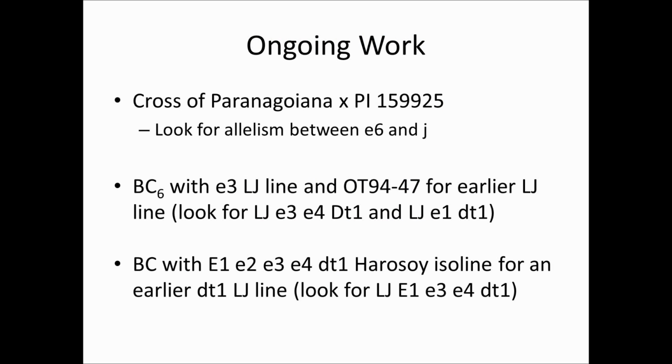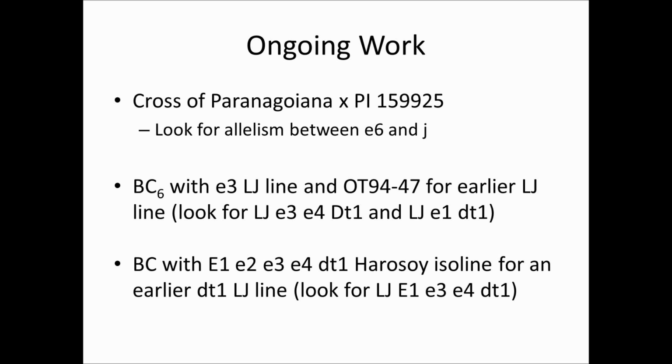This is some of the work that I have ongoing. Currently I have a cross between the E6 and the J lines, and I have an F2 growing right now in the 12-hour photoperiod. I want to look at allelism between E6 and J and see if I get any conventional early flowering lines segregating out of there.